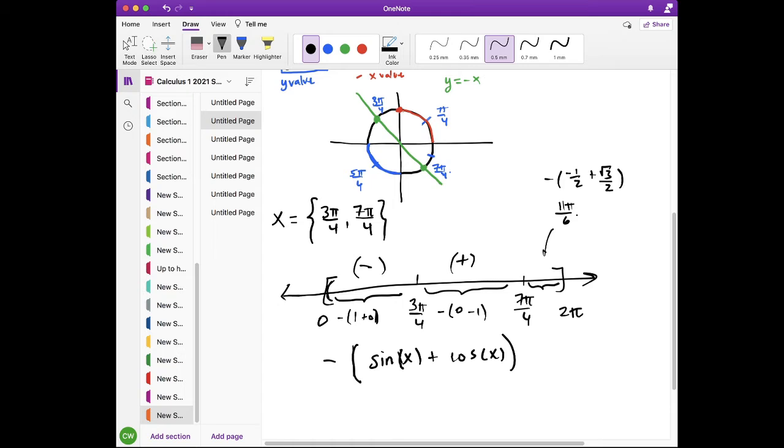Which is bigger, root 3 over 2 or 1/2? So is this positive or negative, this sum here? Yes, it's positive. So that means the whole thing is negative. Yeah, so with the negative sign, that makes it negative.